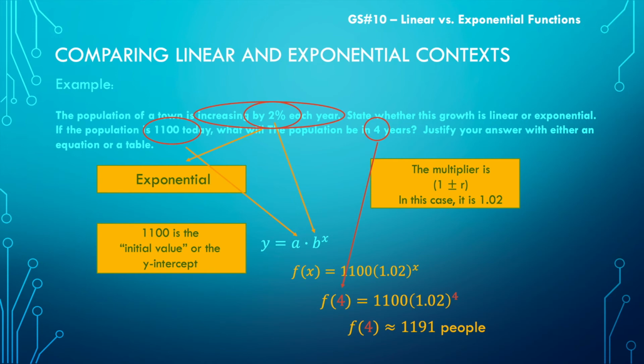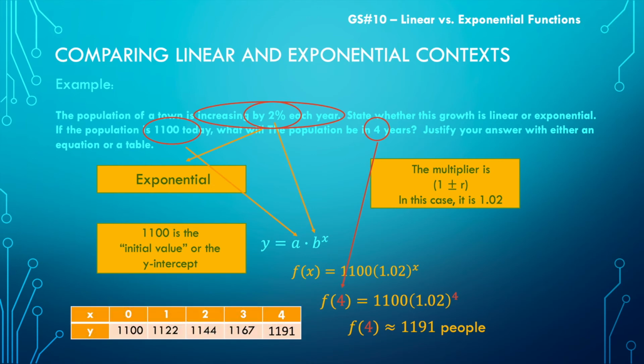Okay, so now how would you justify this with a table? Well, with a table, you would have to show how that population is increasing year to year. So we would take a table and just fill in our populations each year. Now remember, if we start at 1,100, to get to the population after the first year, you would have to add 2%.